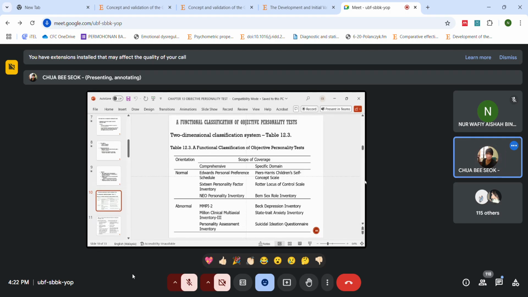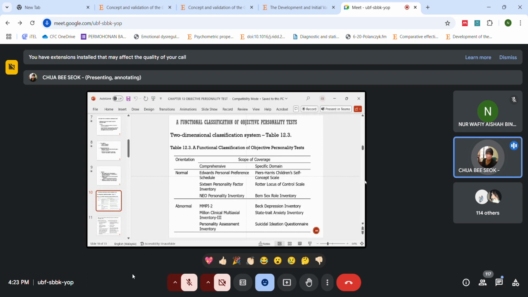The Edwards Personal Preference Schedule is used to measure normal personality characteristics, and this is comprehensive, right? Besides EPPS, we have the 16 PF, the 16 Personality Factor inventory, which also measures normal personality.